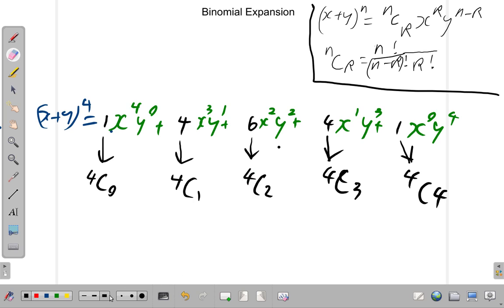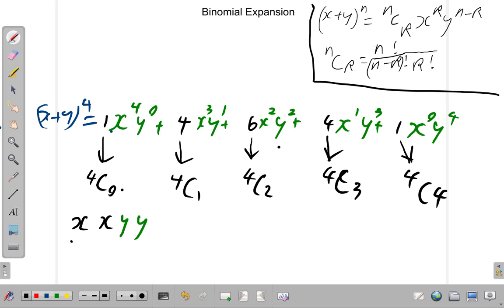Okay? Now, let's look at this situation. This 6 comes from 4c2. It's saying you have 4 letters. You have only x and y's. And you choose 2 y's. How many ways can you arrange them? Let's see. You can have x times x times y times y. Alright? That's one way.